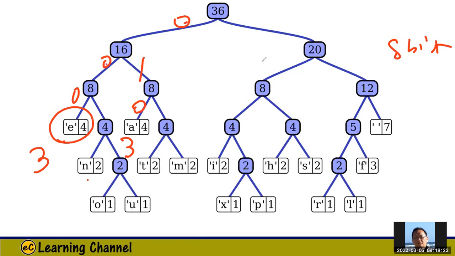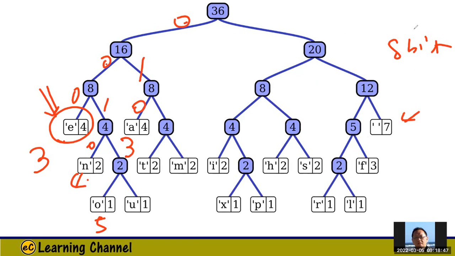N will be 0, 0, 1, 0, so that one is 4 bits. And all the others we send with 5 bits. So by frequency, the more frequently seen data we transmit in a shorter way, and the less frequently seen data we send with longer bits. That way, our total number of bits transmitted will be smaller.